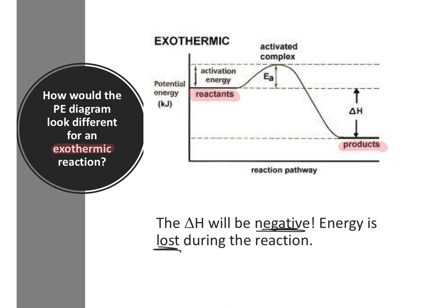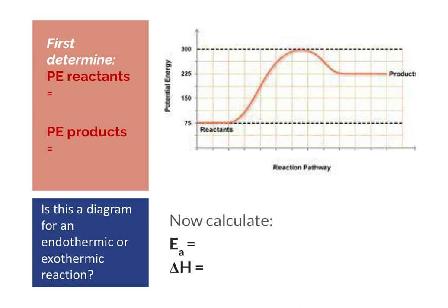And we can also see on your previous slide that endothermic is going to have a positive delta H, exothermic is going to have a negative delta H, like we saw in the previous slide.